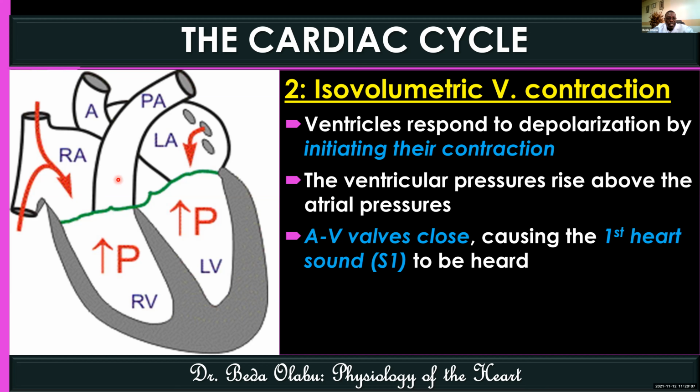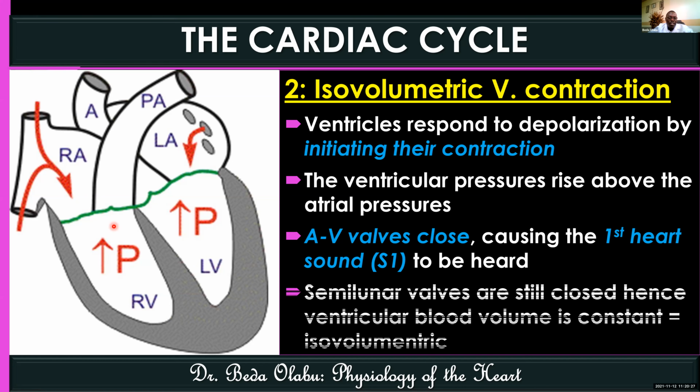So you realize that we are in an interim period when the AV valves are closed and the semilunar valves are still closed. So it means that the blood volume within the ventricles is constant.